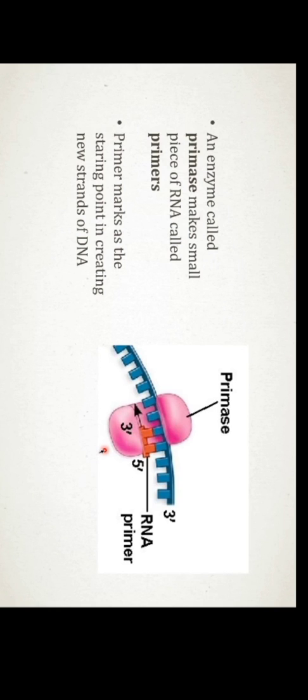Next, the enzyme DNA polymerase binds to the primer and makes new strands of DNA. So your DNA polymerase will attach to the primer made by primase and start making new strands of DNA.